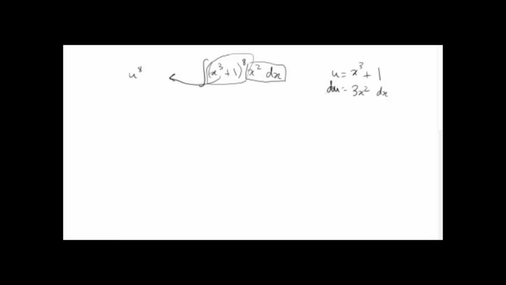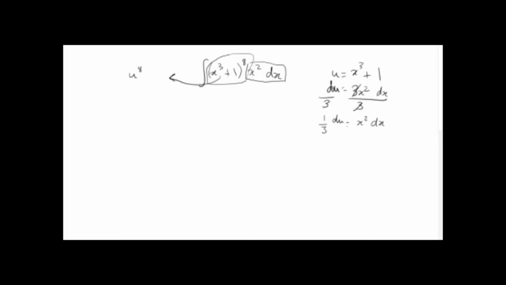We don't have the 3 here, so we divide both sides by 3. That says 1/3 of du is equal to x squared dx.